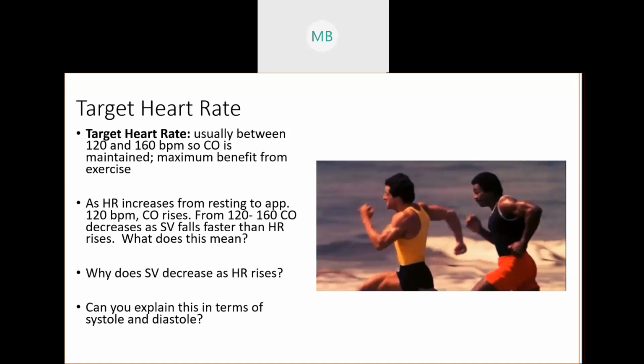As your heart rate increases, if you remember when we just talked about stroke volume, slow and steady heartbeats allowed time for your ventricles to fill up. That means that if your heart starts to beat faster, it's not allowing as much time for your ventricles to fill, so you're not going to have as much blood in total. So as heart rate goes up, your stroke volume goes down.